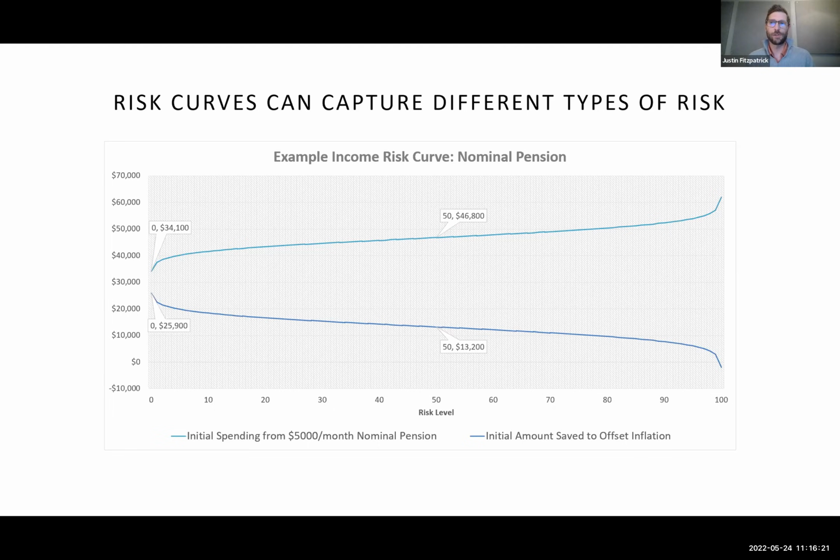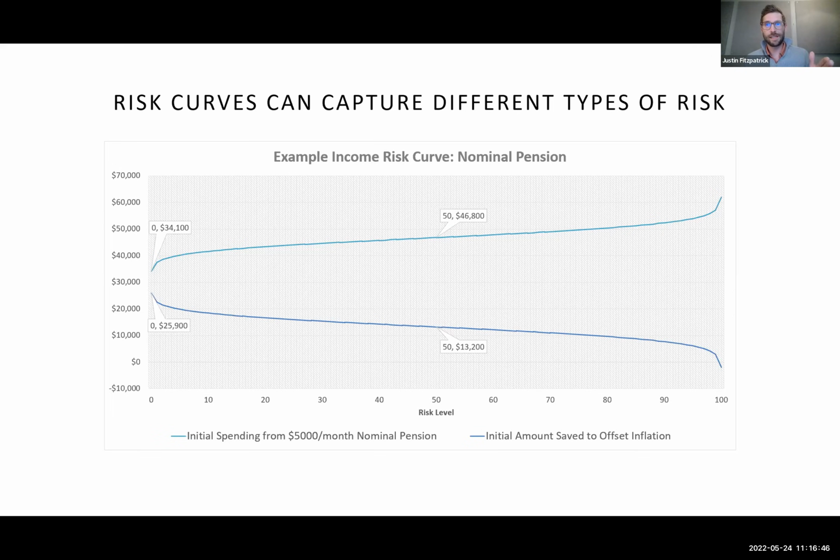So there is some sequence of return risk here, although initially there's no investment whatsoever. So this is as close as we can get in a realistic situation to isolating inflation risk. So there's very little sequence of return risk here. There's a high level of sequence of inflation risk.